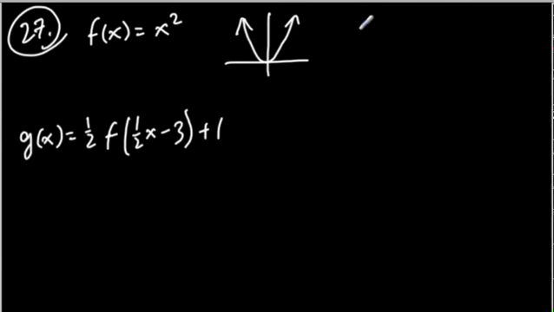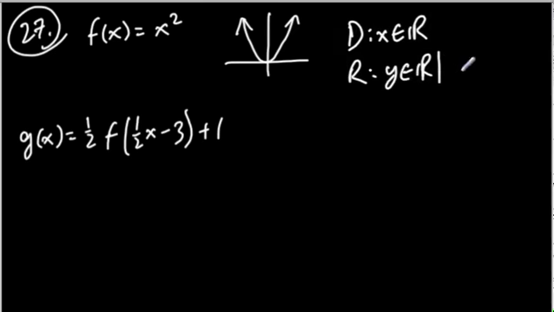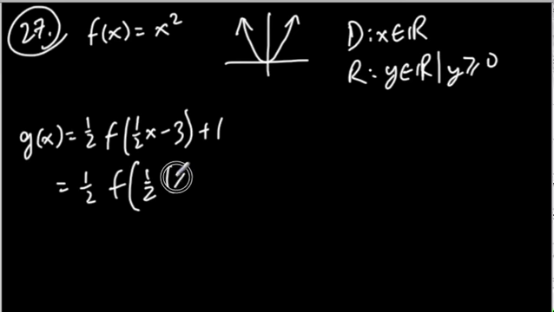So it goes up like that. The domain is x is an element of reals, and the range is y is greater than or equal to 0. Remember that we have to factor the argument, so it's f of half x minus 6 plus 1.